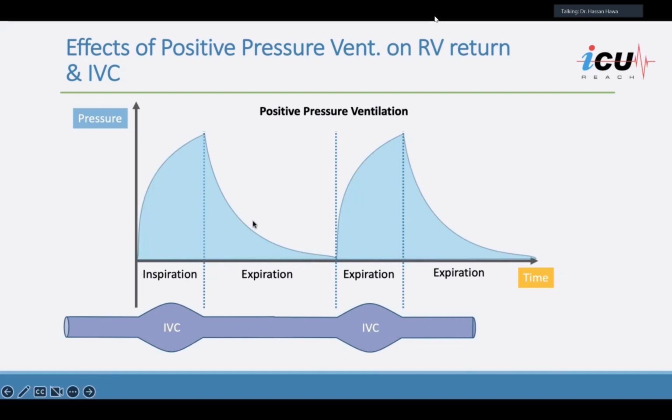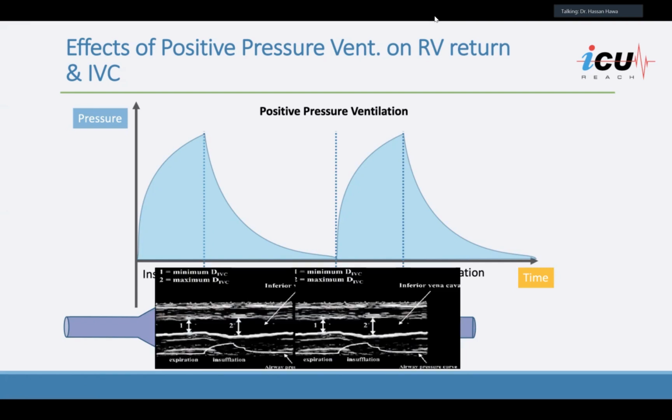And then during expiration, there's a drop in the intrathoracic pressure, which allows the blood to rush back to the heart, leading to the collapse in the IVC. And we can see this as a cyclical change during the respiratory cycle. And that's how it looks on the ultrasound when you apply the ultrasound to the abdomen to check for the IVC.